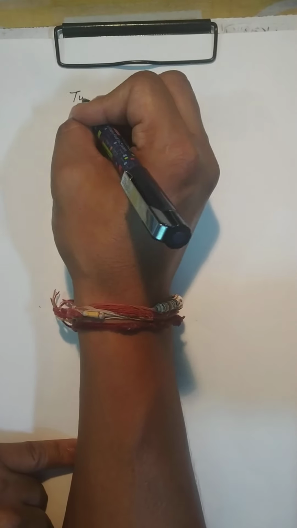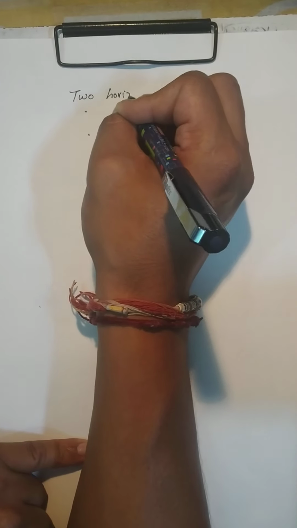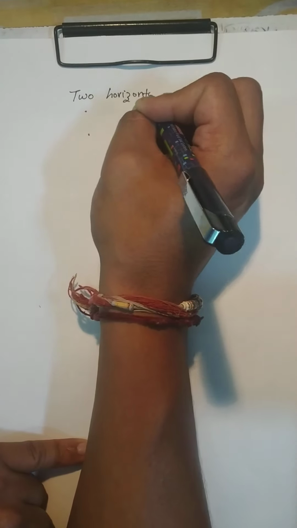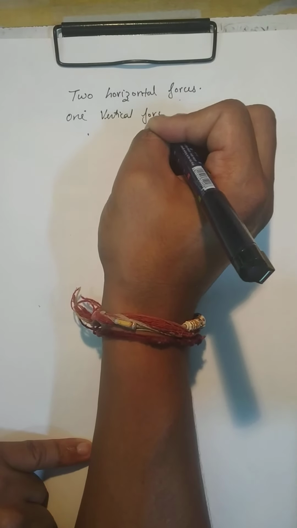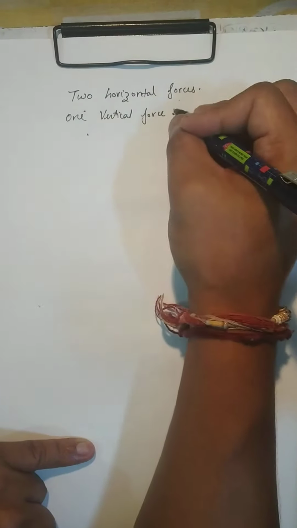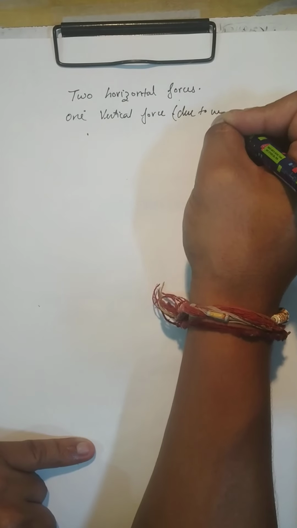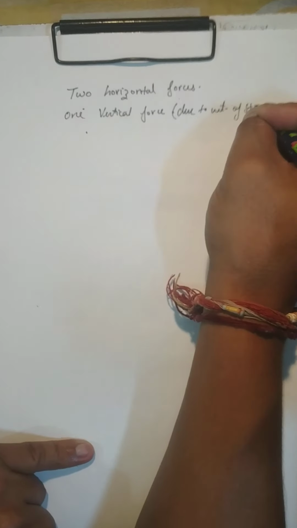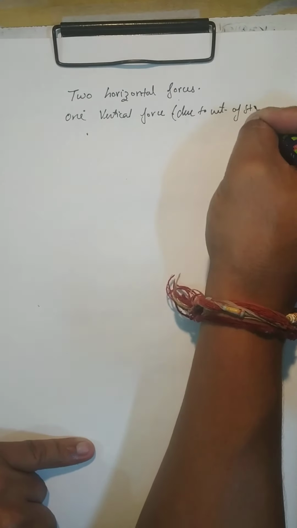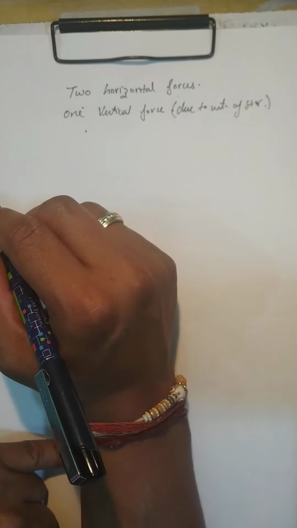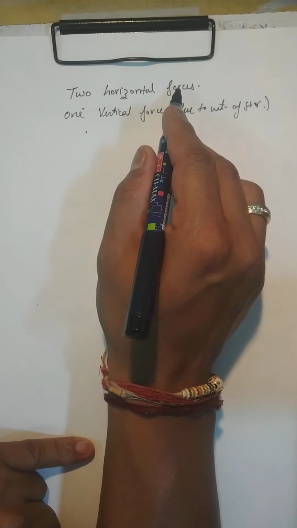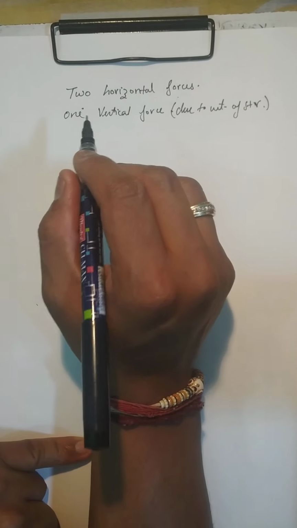Two are horizontal forces, and one vertical force, which is due to weight of structure. The vertical force does not affect much during earthquake, whereas two opposite horizontal forces result in movement of the building during an earthquake.